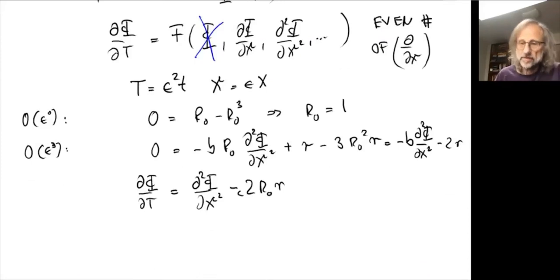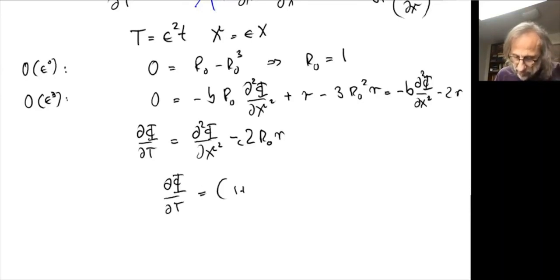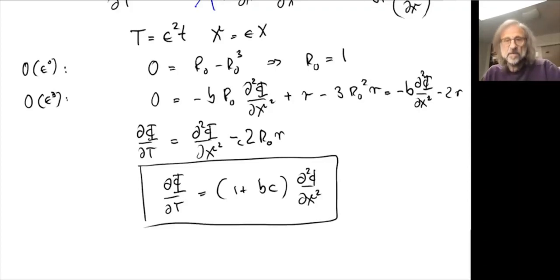And when we do that, we get the equation d phi by dt is equal to (1 plus bc) d2 phi by dx squared. Okay, we have derived the equation for the phase, for small perturbations in the phase, and it's diffusive.